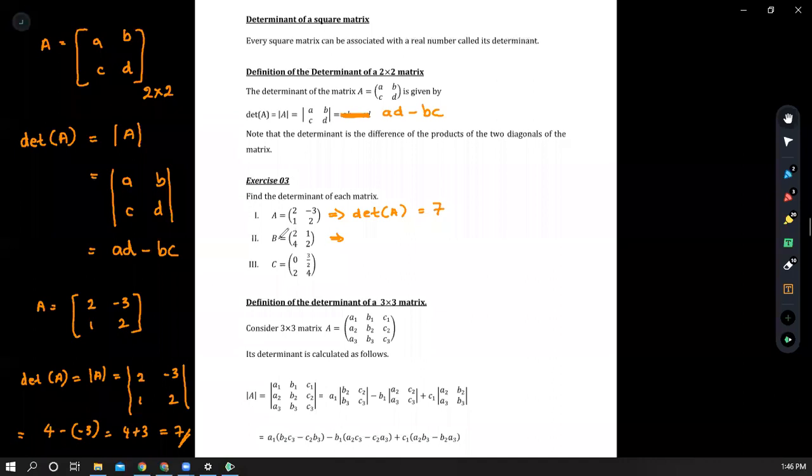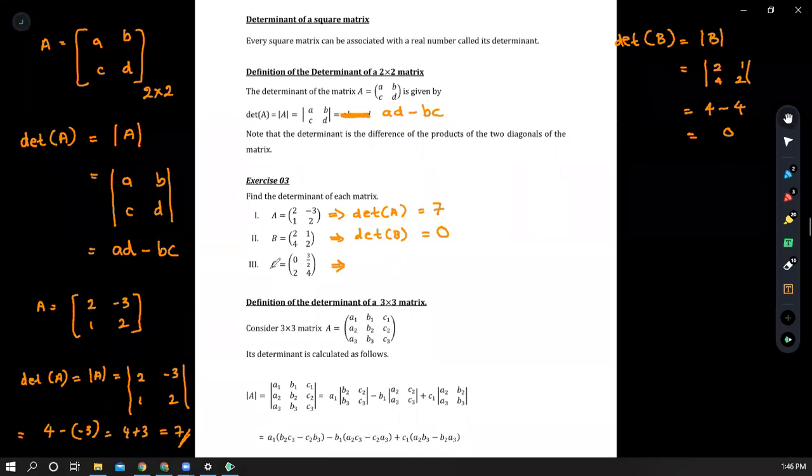Now for the second matrix, we take the determinant for matrix B. This can be written in this form, and we write down the elements inside the notation: 2, 1, 4 and 2. Once you perform the calculation, 2 times 2 is 4, minus 4 times 1, which is 4, and that equals 0. So the value for the second one is 0.